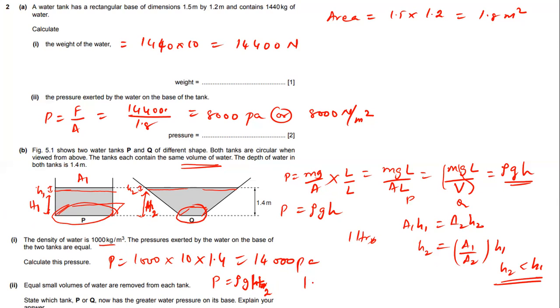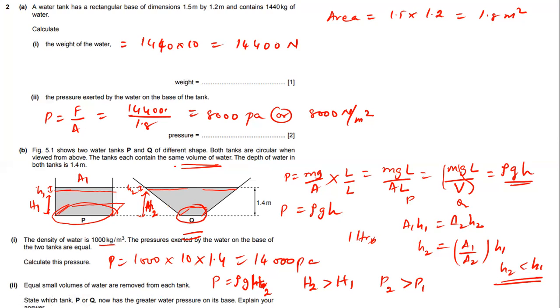H2 will be greater than H1. As a result, can we say that P2 will be greater than P1? So your answer is, which one will have a larger pressure? Q will have a larger pressure as compared to P, when you remove equal volumes of water from here.